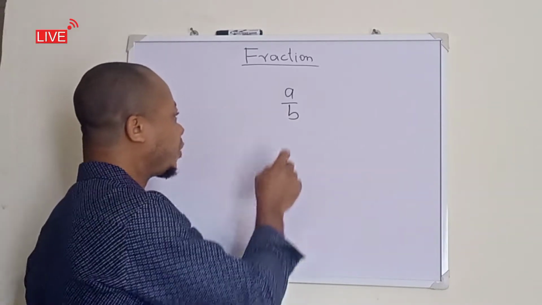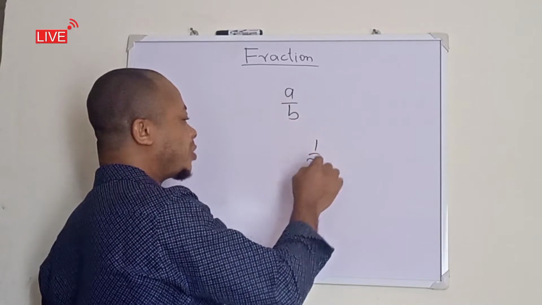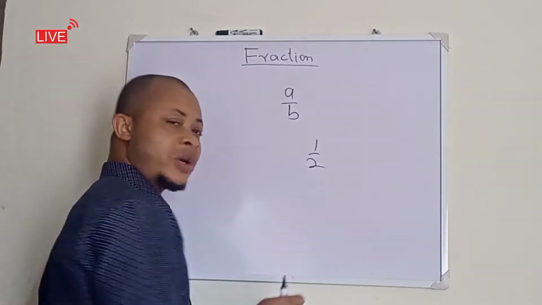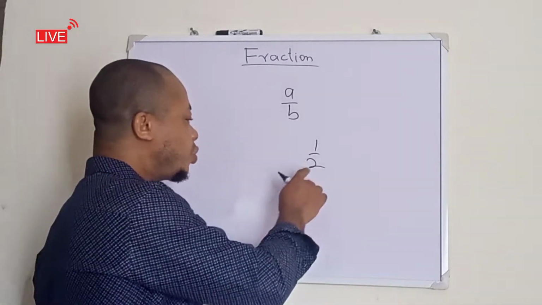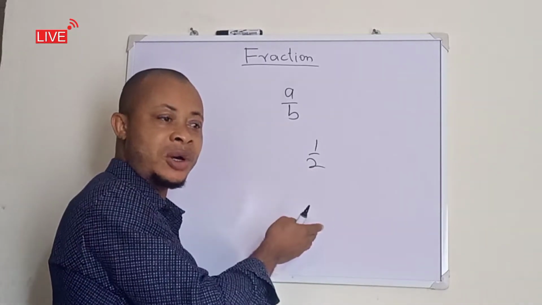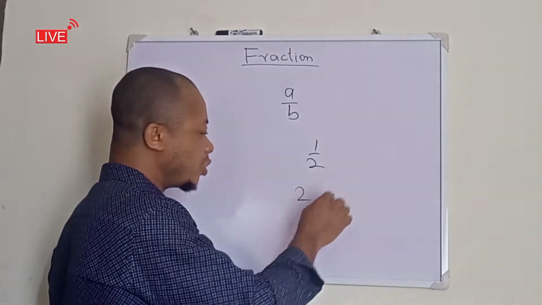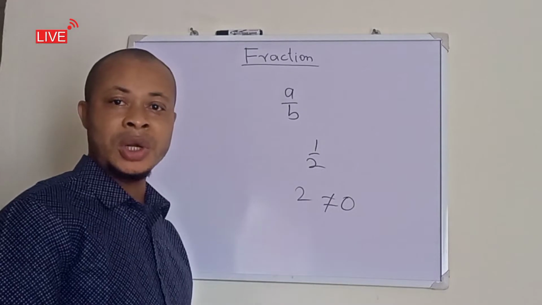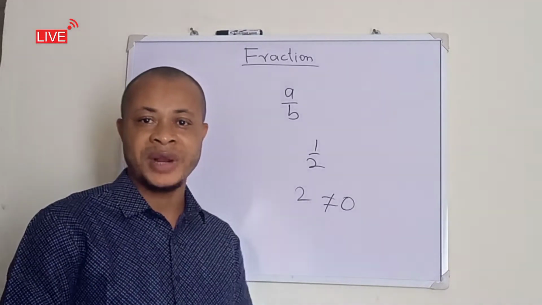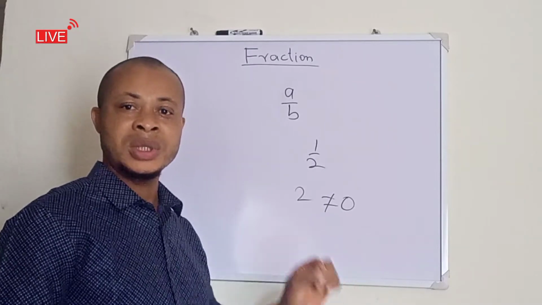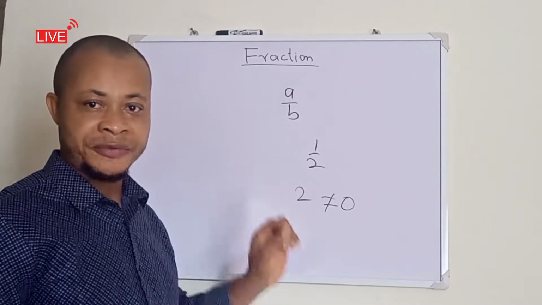For example, if we have 1 over 2, 1 over 2 is a fraction. But the condition here is that 2, which is the denominator or the lower part of this fraction, must not be equal to 0. So long as the lower part of that number is not equal to 0, that number becomes a fraction.